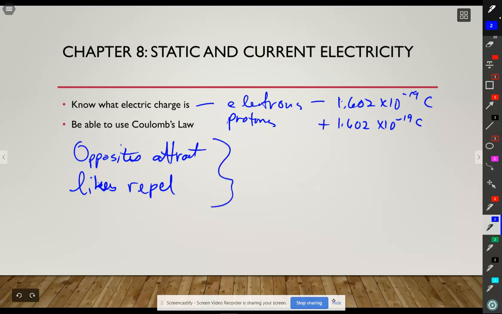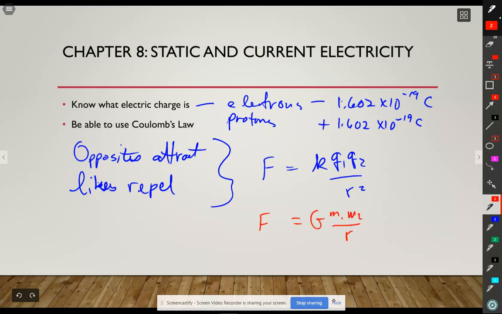And we have a law, Coulomb's law, that says the force is equal to K Q1 Q2 over the separation squared. Now that's very similar to G. Blue is Q's.